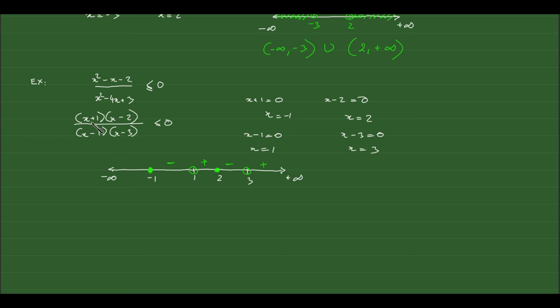And pick negative 2. Positive. Alright. So which one are we gonna take? We're gonna take less than or equal, so we're gonna take this one and this one. Alright. So the final answer will be bracket negative 1, 1 parenthesis, union with bracket 2, 3 parenthesis.